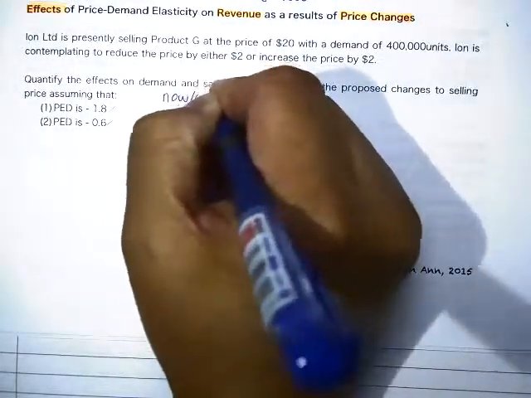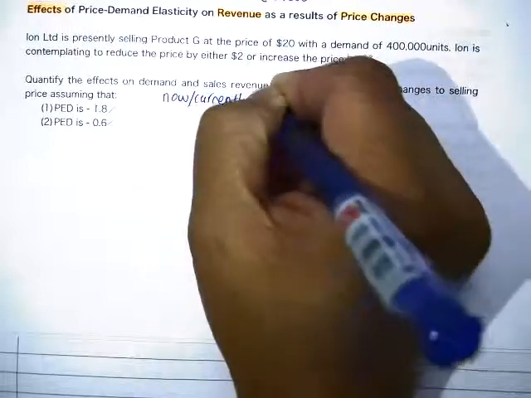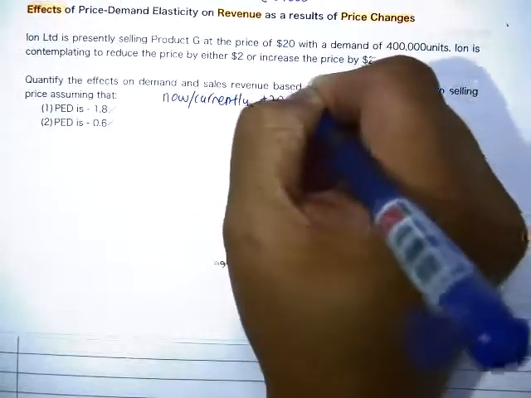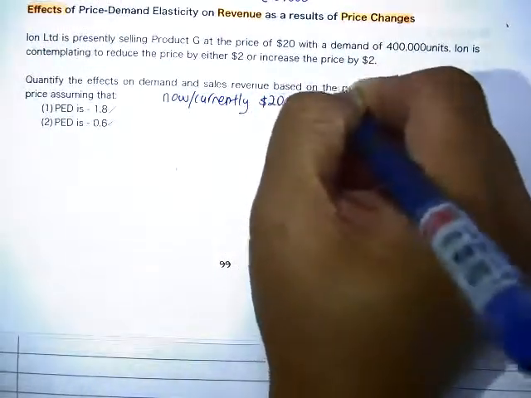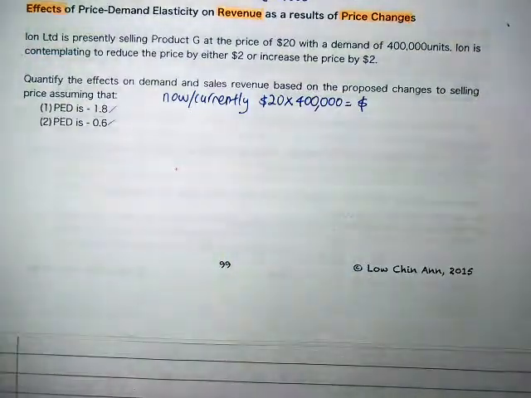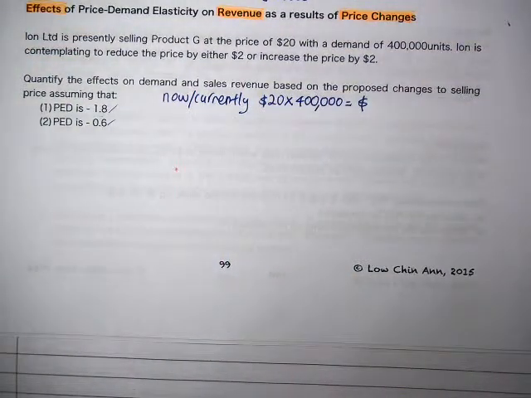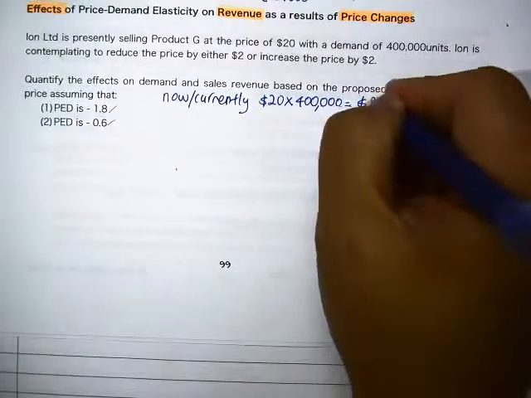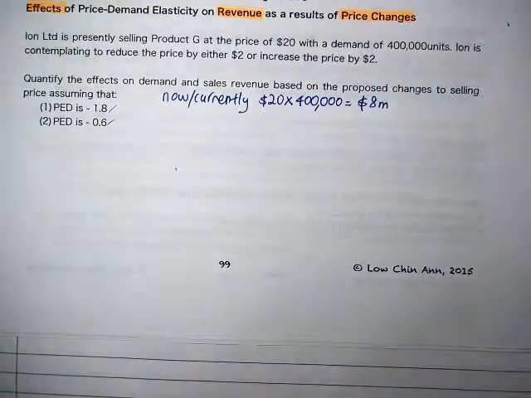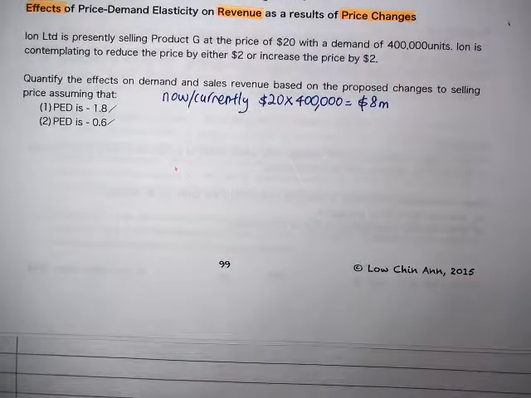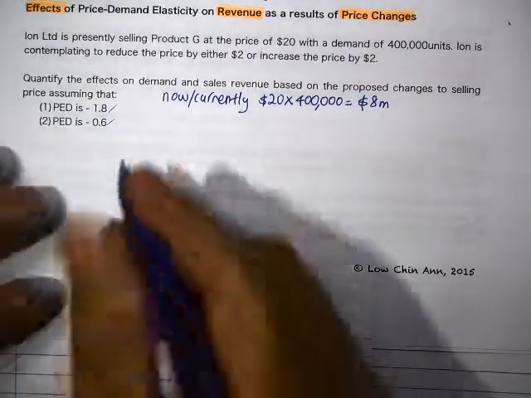Now currently 20 times 400,000 is 8 million. Now class, we have two different situations.